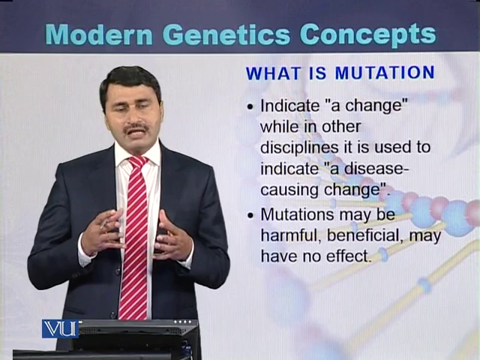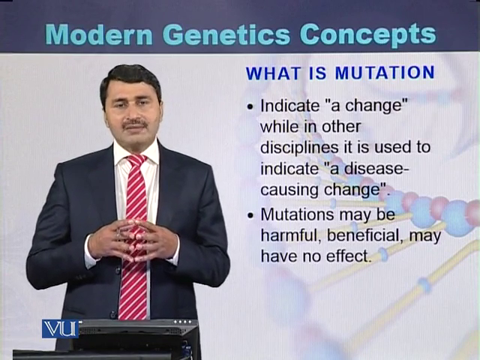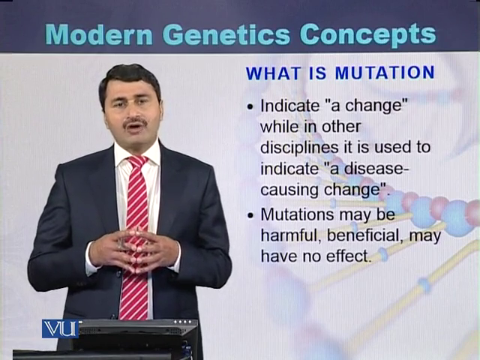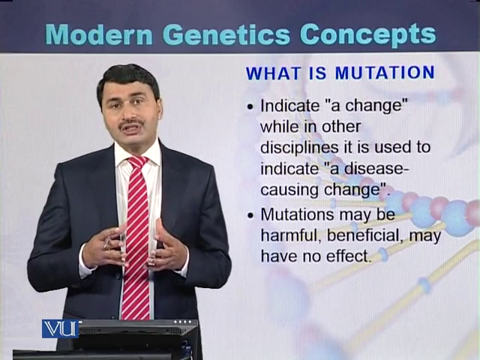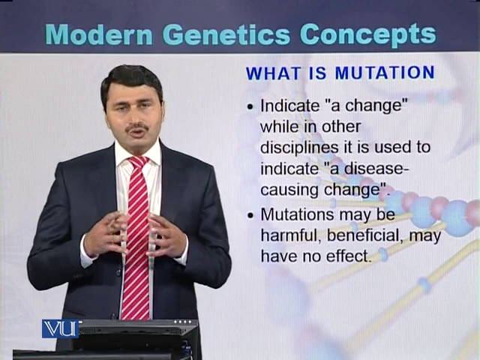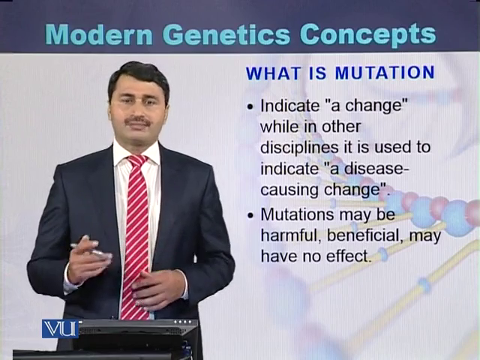Some geneticists and researchers say that it is better to use the term genetic variant instead of mutation. Mutation can be harmful, mutation can be beneficial, and sometimes mutation does not have any effect on the phenotype of the organism.